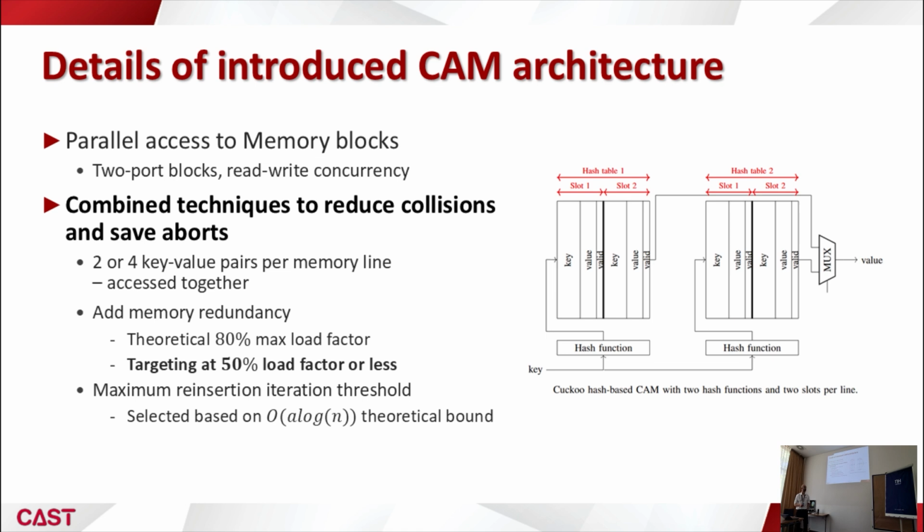The second technique is that we allocate more memory space than the minimum required. This essentially increases the width of the output hashes that are used as addresses for the memory blocks in order to increase randomization and reduce collision rates.